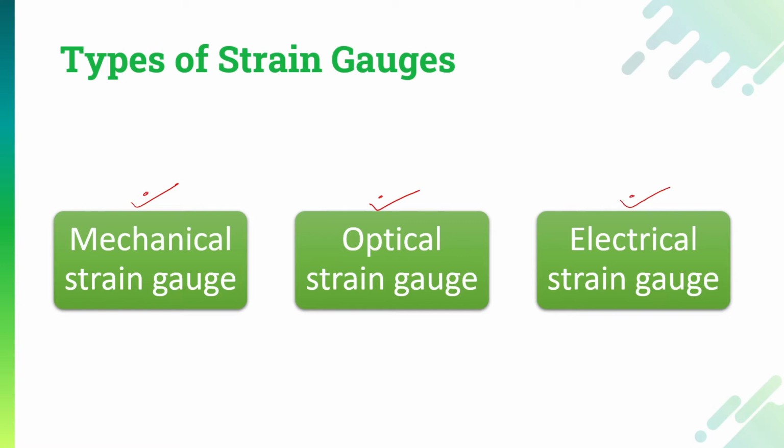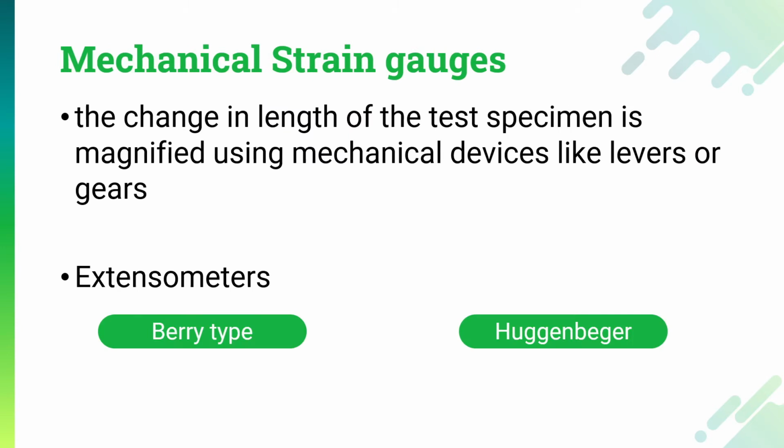Among the electrical strain gauges, especially the electrical resistance strain gauges are one of the most popular devices because they can offer many advantages when we talk about the process of measuring strains. So we are going to check out the electrical strain gauges in a separate lecture. Today we are going to check out these two types of strain gauges. Initially we are going to start with the mechanical strain gauges.